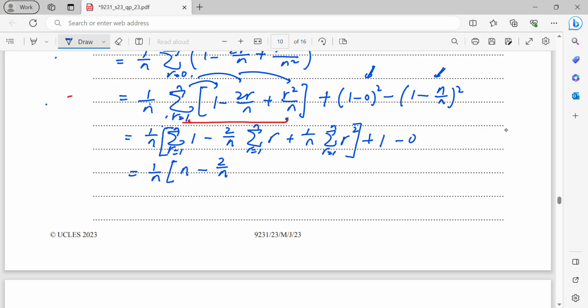Summation R is basically half N bracket N plus 1. Okay, plus 1 over N. Summation R squared is basically 1 over 6 N plus 1 to N plus 1.